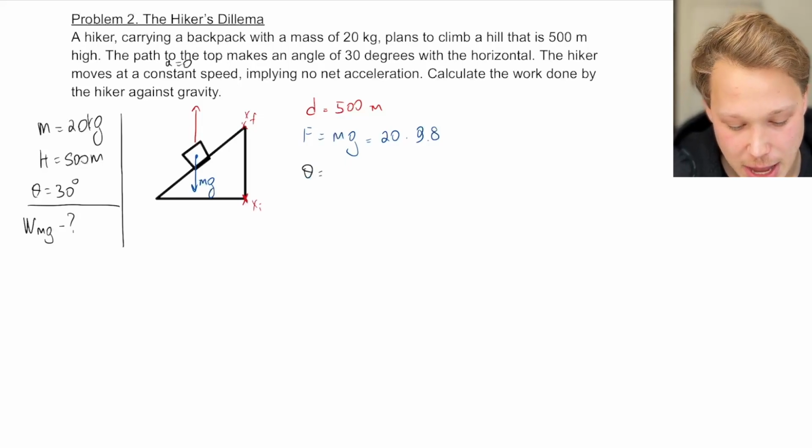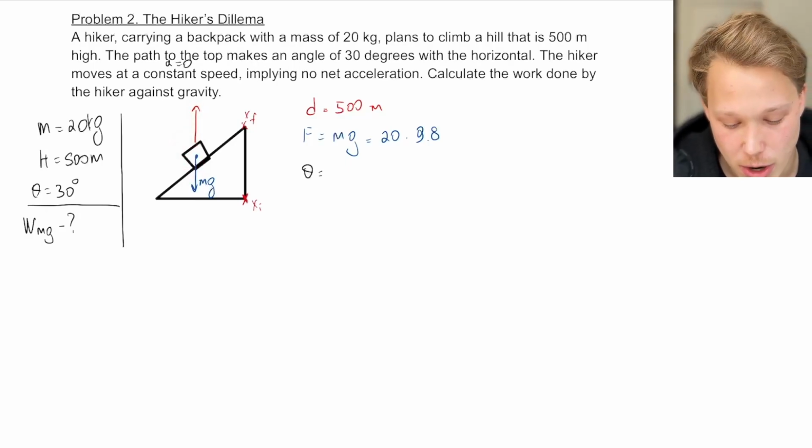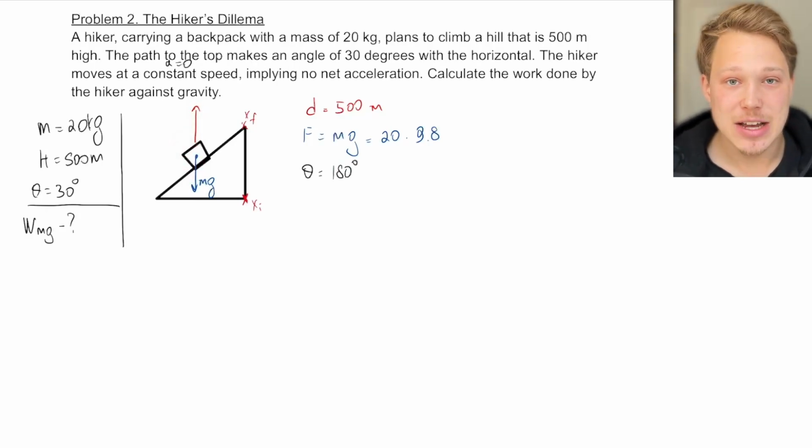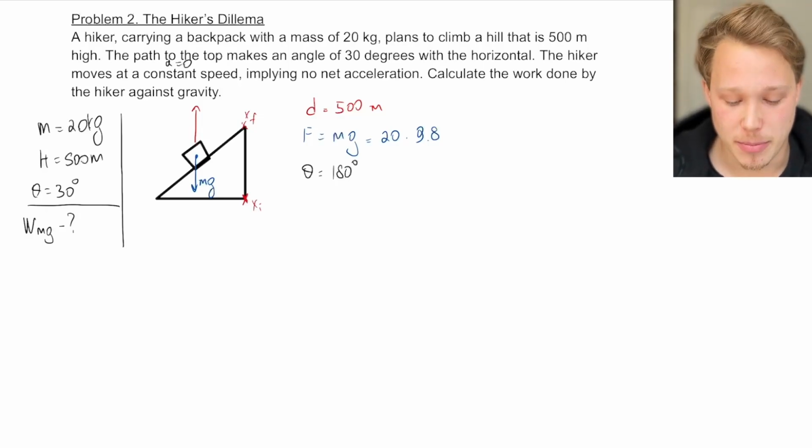Now, what about the angle between those two? If the mg is down and the displacement is up, the angle between these two is going to be 180. In other words, when you're climbing the hill, you have to overcome gravity. So gravity does negative work. It doesn't help you to move up the hill. It actually hinders you moving up the hill.